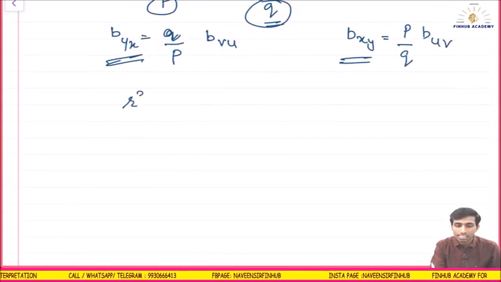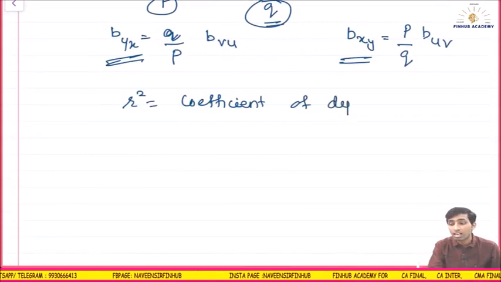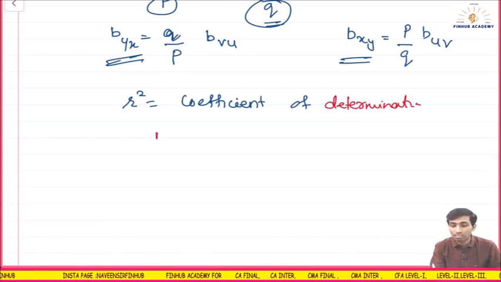r square is the coefficient of determination, right? What is that? If you want a definition, one variable is dependent, another one is independent.